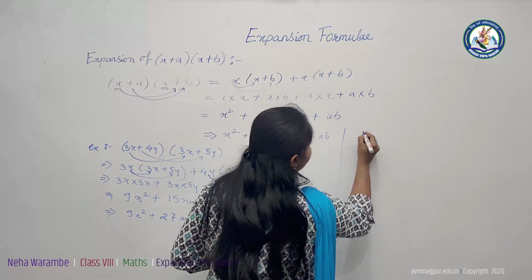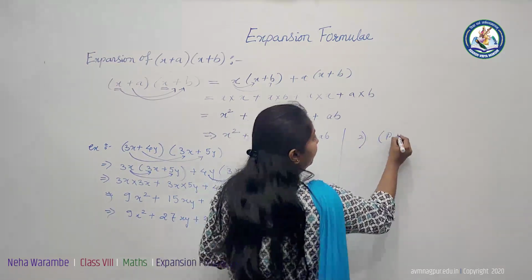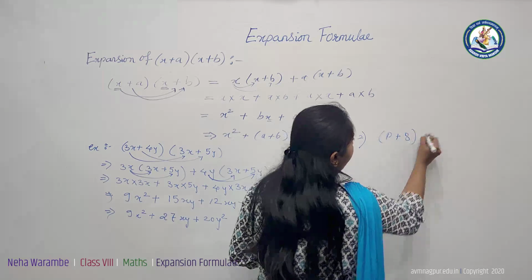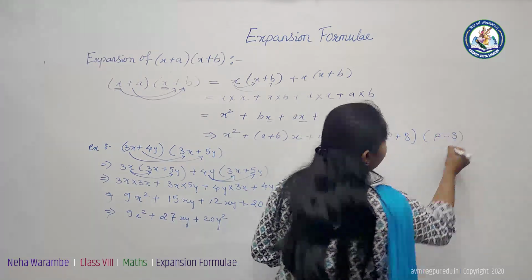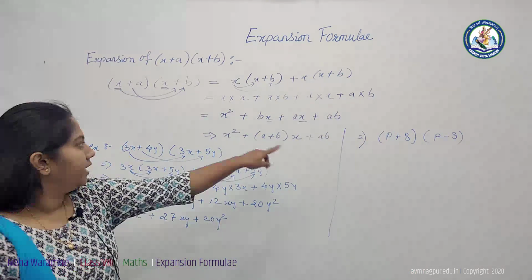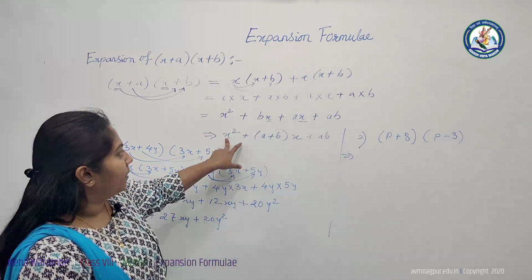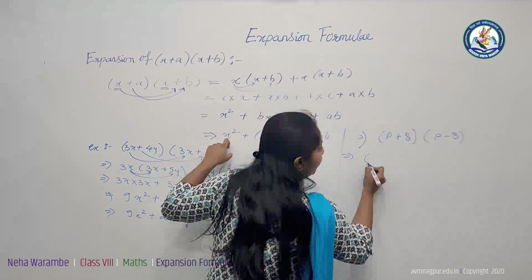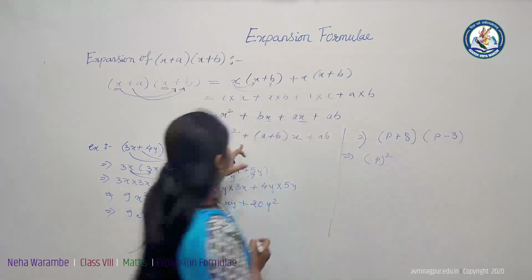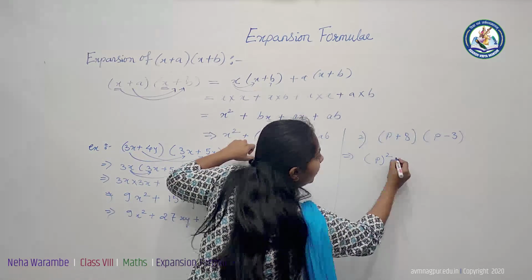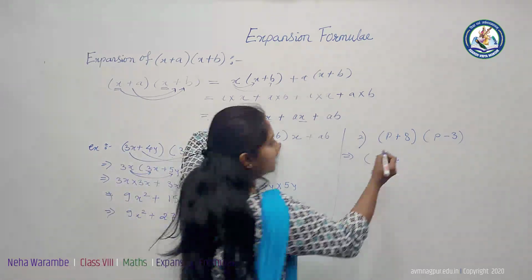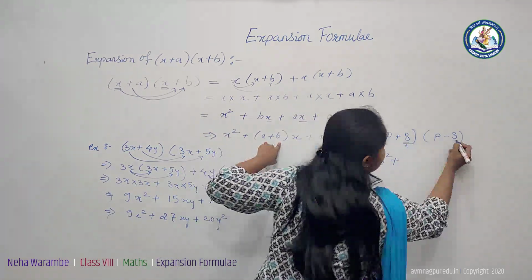Second, (p + 8)(p − 3). Now use this formula for this, that is x² means first term square, that means p², plus (a + b). Here a + b means this is called a and this is b.